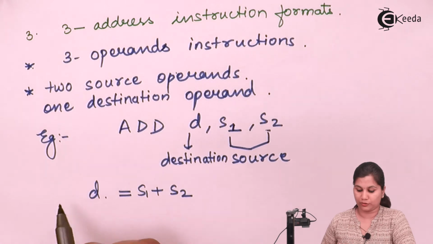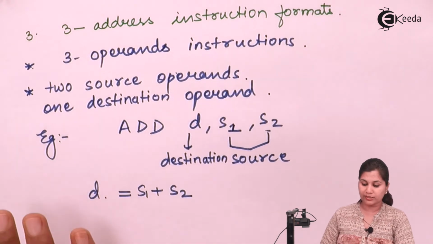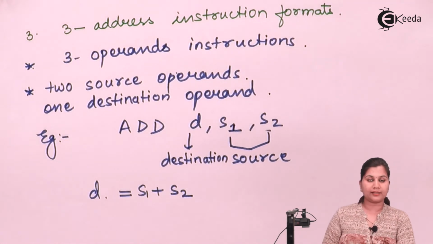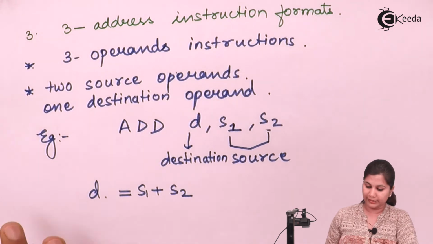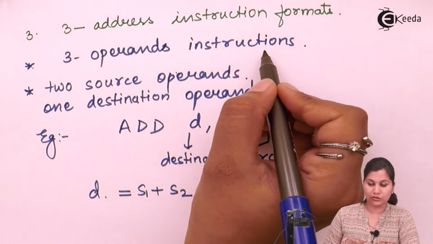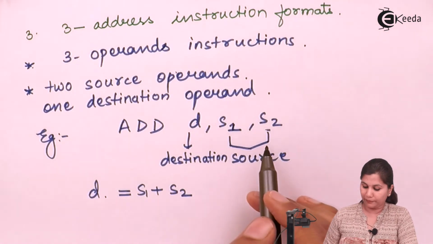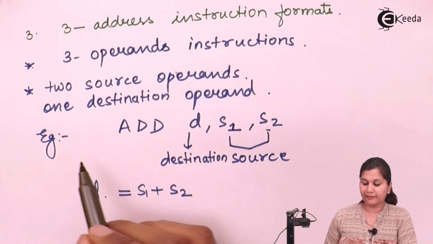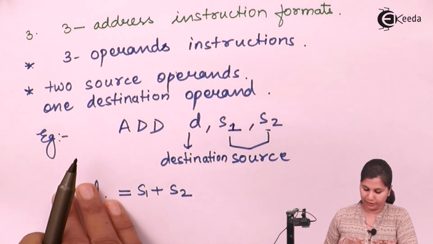So all the instructions in this ARM processor are 3 operand instructions. There will be 3 operands, 2 source operands and 1 destination operand.